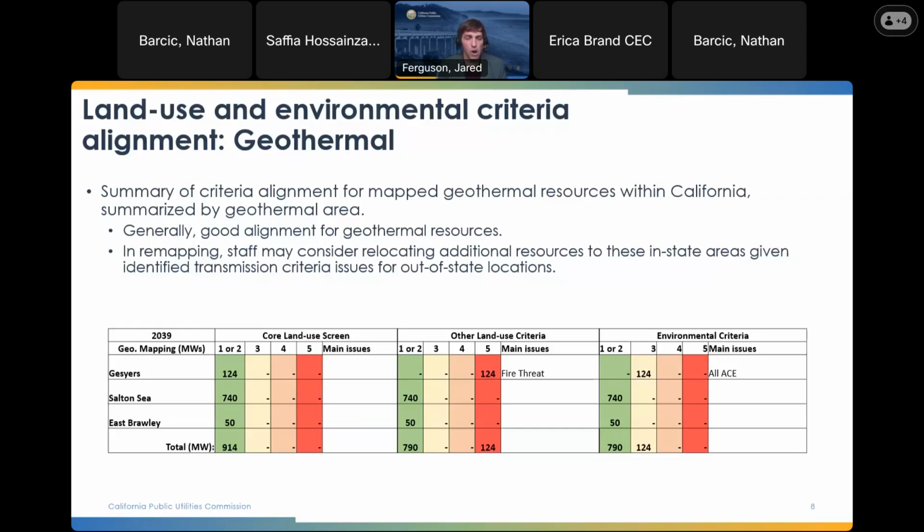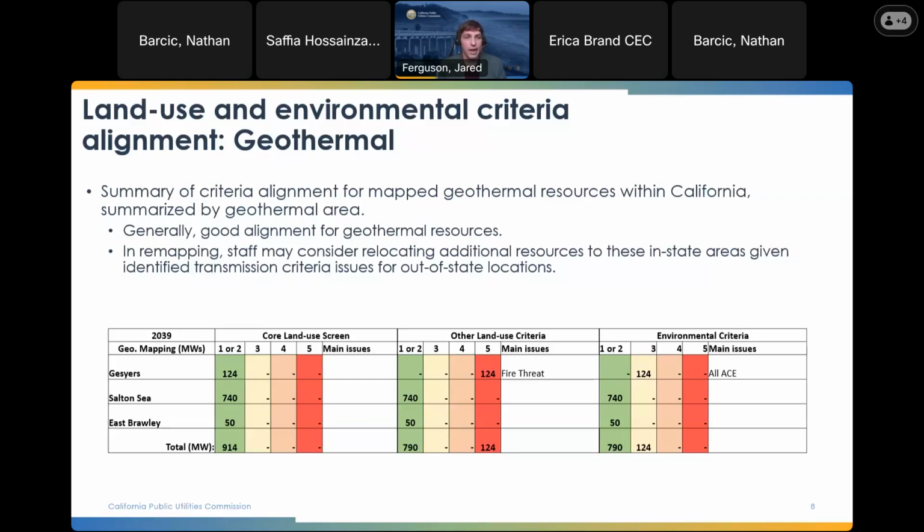And overall, you see we have generally good alignment with our land use and environmental criteria. In the Geysers area, you do have a fire threat flag, and also a level 3 alignment with the data set that combines all the ACE screens together, so it's the most restrictive data set. You do see a level 3 compliance there.